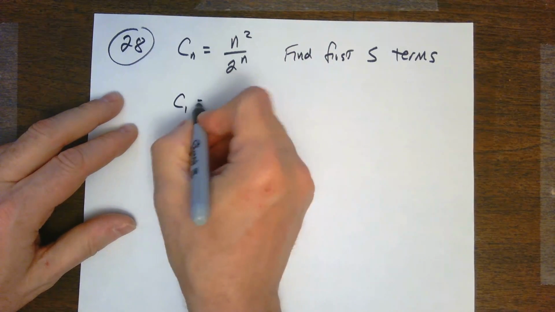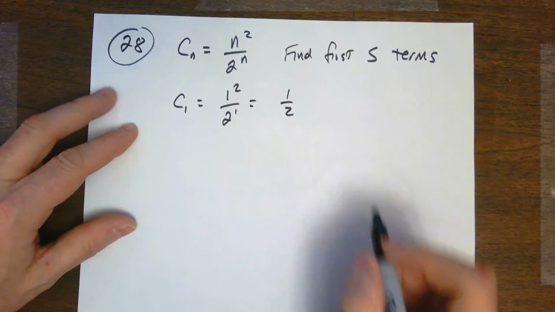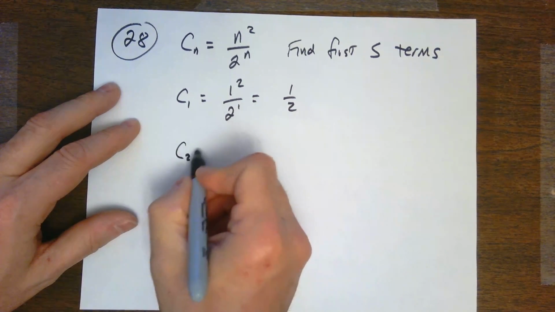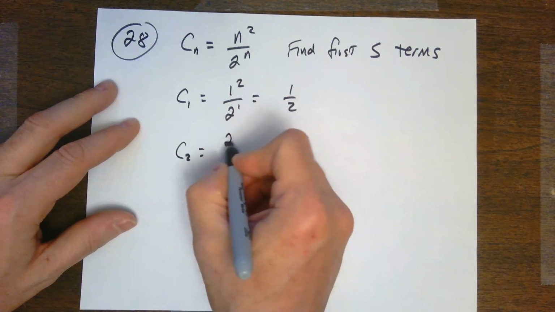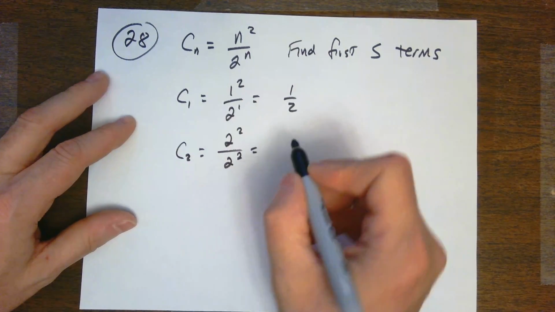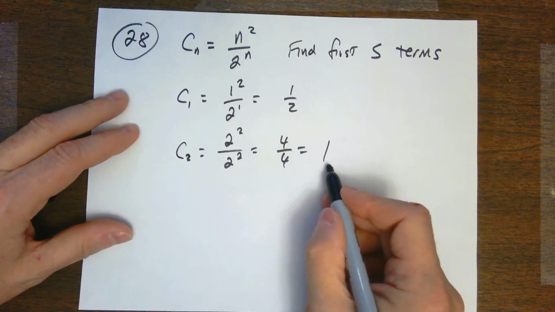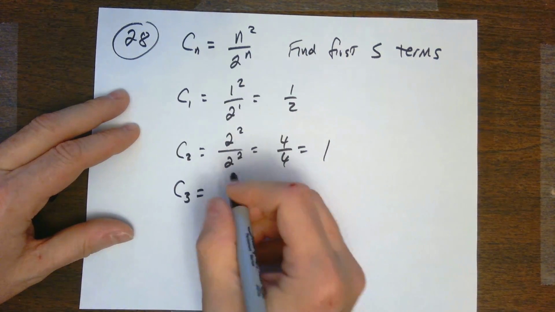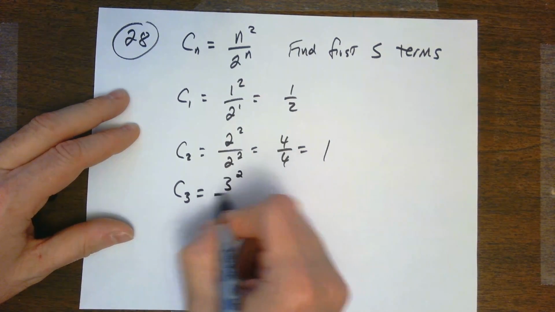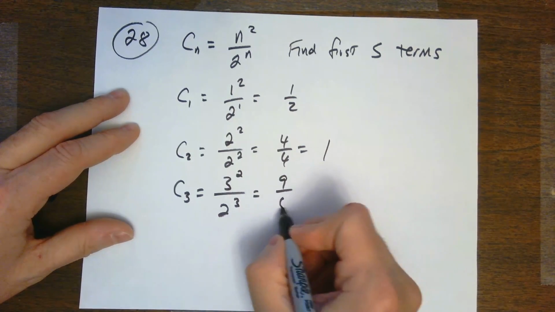Well, C of 1 would be 1 squared over 2 to the 1, which is 1/2. That's my first term. C of 2, my second term, would be 2 squared over 2 to the 2, which would be 4 over 4, which would be 1. That's my second term right there. C3, my third term, would be 3 squared over 2 to the third. 3 squared is 9. 2 to the third is 8.